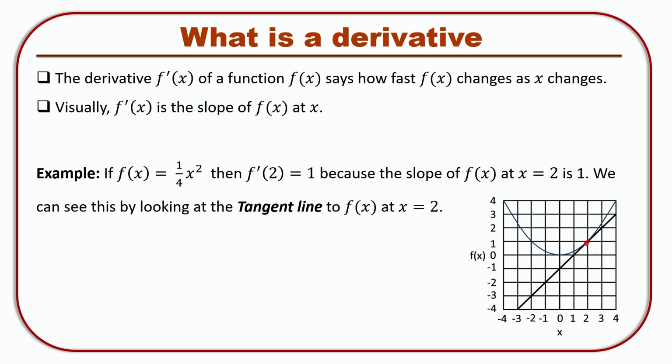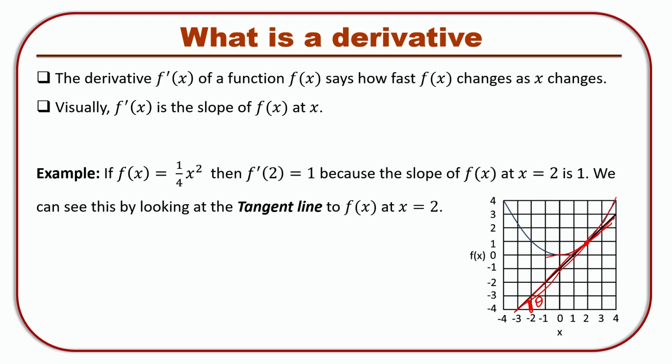Here is a function and this is the tangent line. Once you have a tangent line, the slope is tan of theta, which is the derivative of that function.